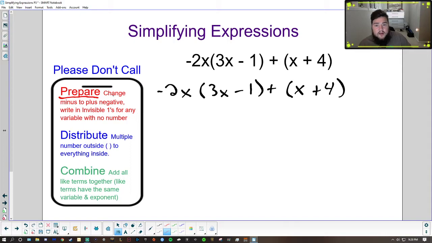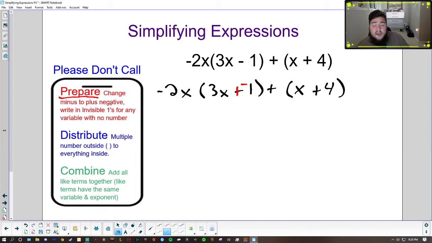I'm going to do it in red. So we need to find out if there's any subtraction symbols. And we just so happen to have one subtraction symbol, 3x minus 1. What I'm going to do is change this minus to plus a negative 1. Now if I look at my equation, I have no more minus signs.